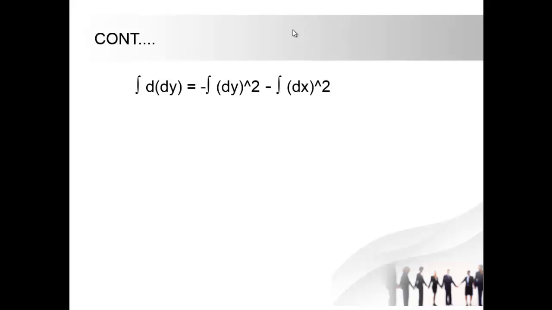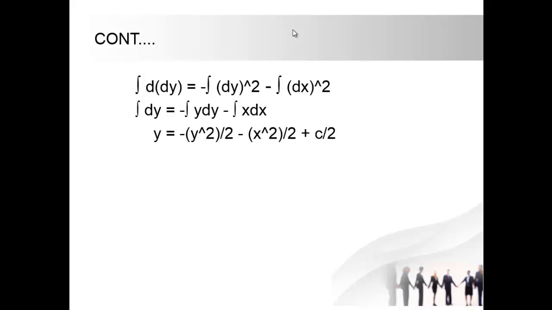Next, integrating every term, we can get the integration of dy is equal to negative integration of y dy minus integration of x dx. From this, we can get y is equal to negative y squared over 2 minus x squared over 2 plus c over 2.